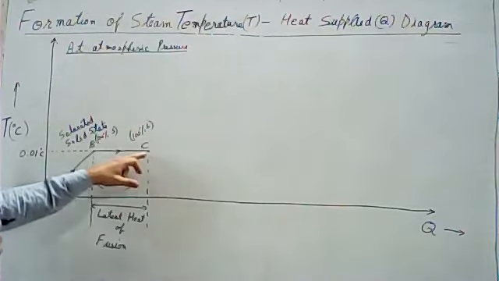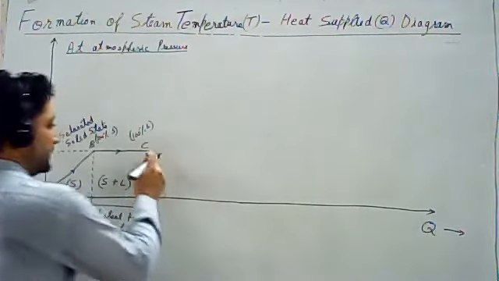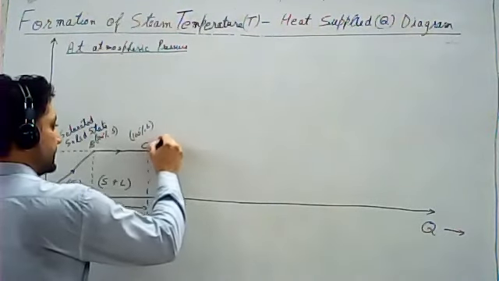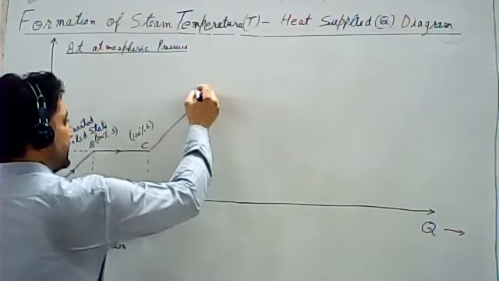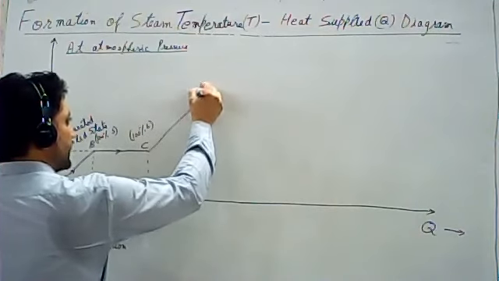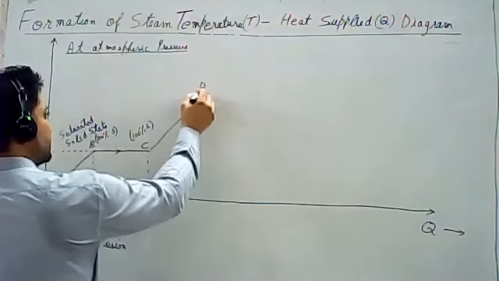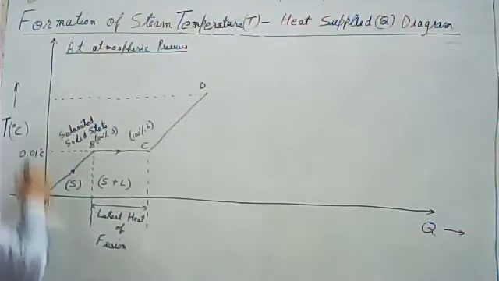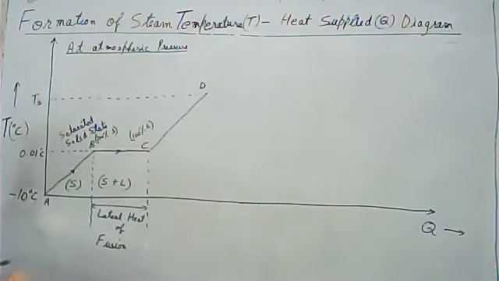Now at point C, when 100% liquid is there, if I start adding more heat, what will happen? The temperature of the liquid water will start to increase. So this temperature will start to increase. And at point D, say this is my point D, if I drop a vertical here, so a parallel line, this temperature is Ts, that is your saturation temperature.